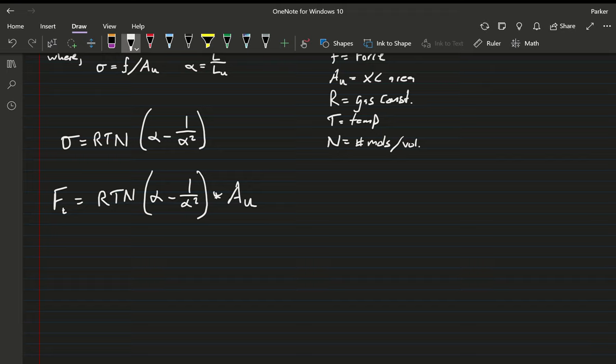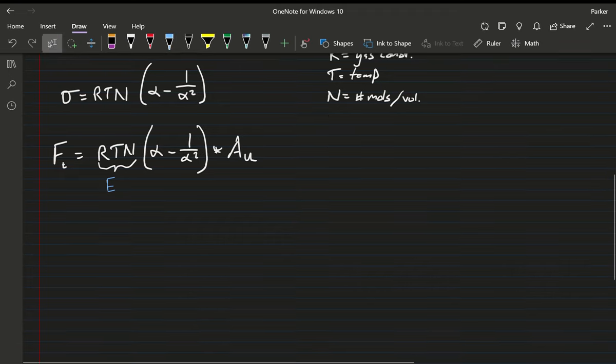But we know that this gas constant is constant, will be under a constant temperature, and since we have no change in moles per volume of any of the cables, we can actually jumble these together into an arbitrary constant. We'll just call this constant E.